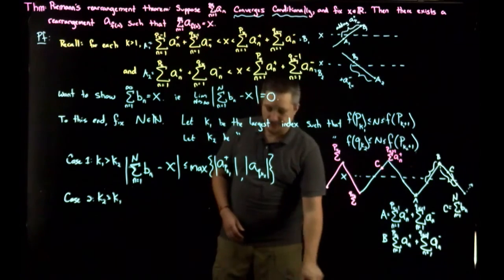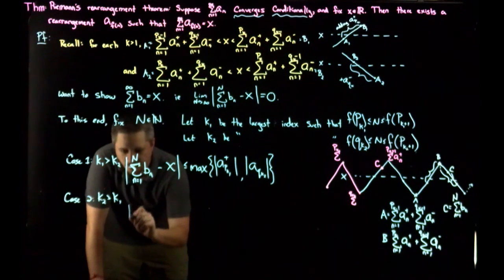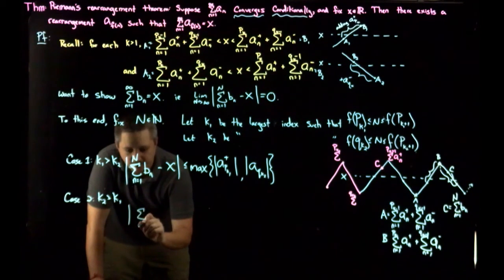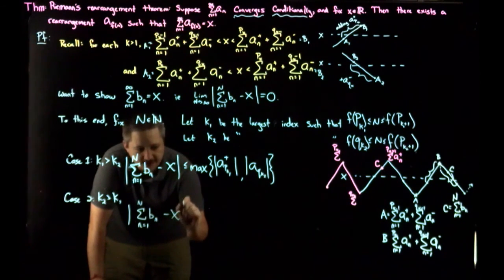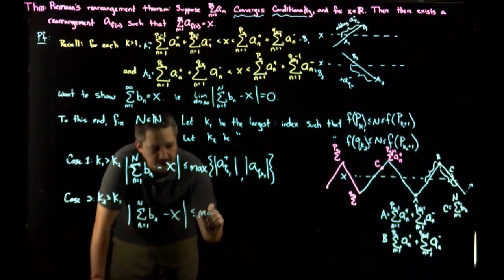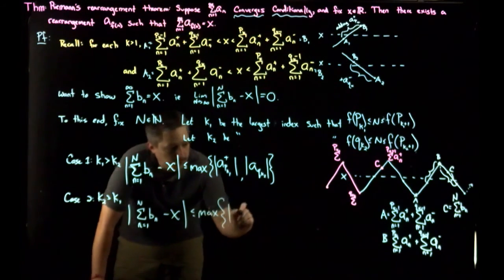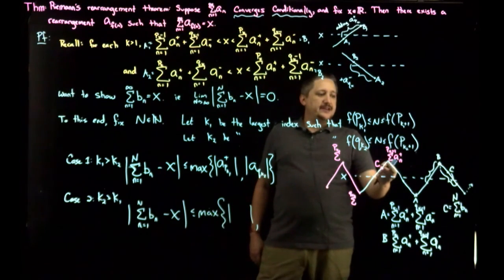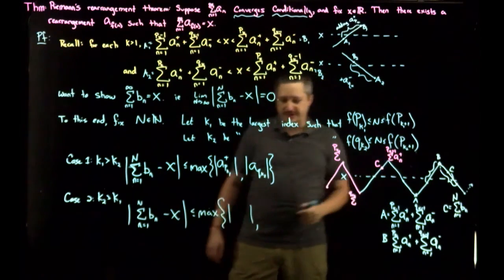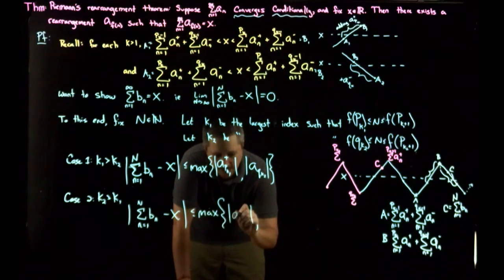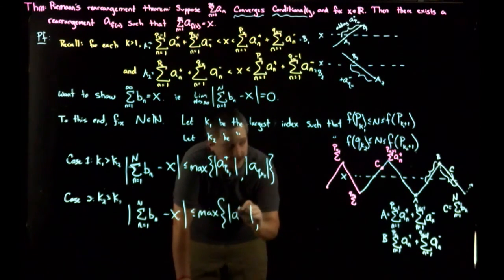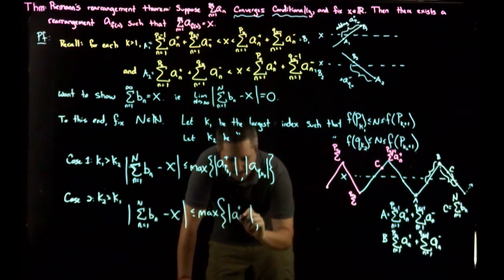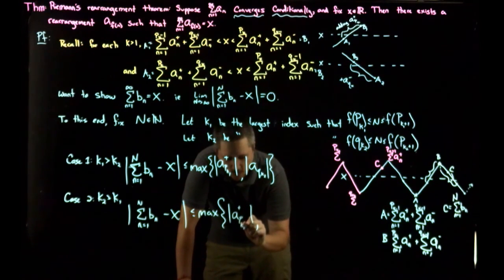So it's basically going to be the exact same argument. So this is the sum 1 to n bn minus x less than or equal to max in absolute value. So if I'm on the positive side, it's going to be the last thing added here, which is a plus, and it is the pk1 plus 1.